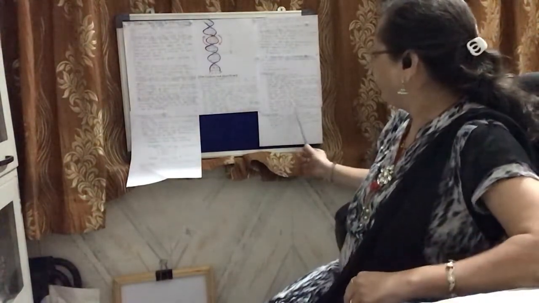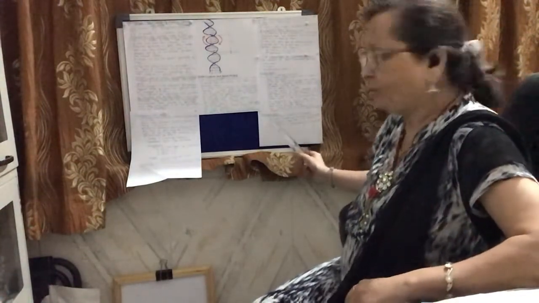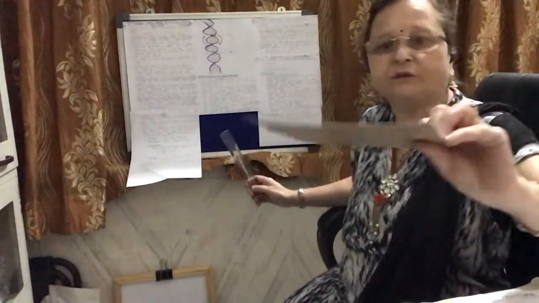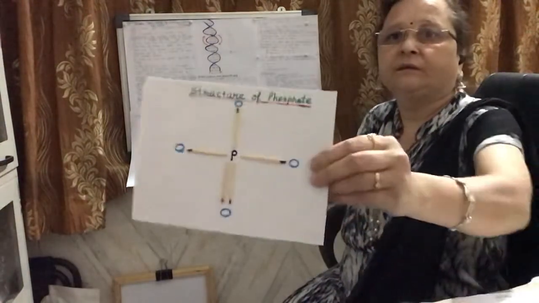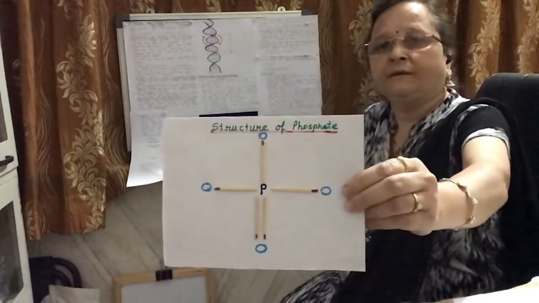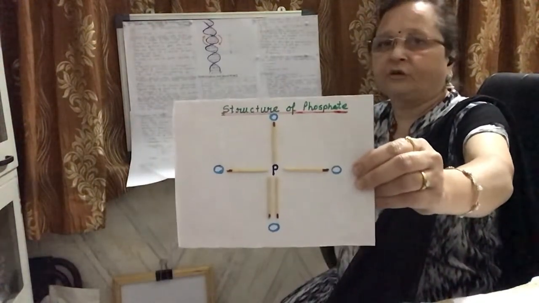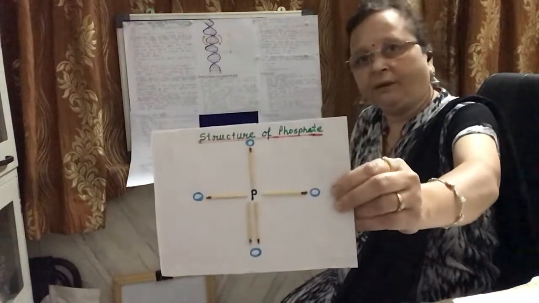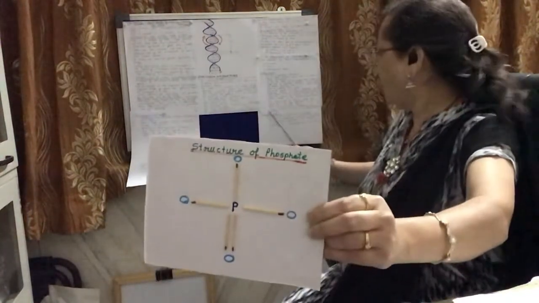So the second functional group is the phosphate group. It has phosphorus in the center. See once more, phosphorus in the center and 4 oxygen atoms. The name is phosphoric acid and the formula is H3PO4.